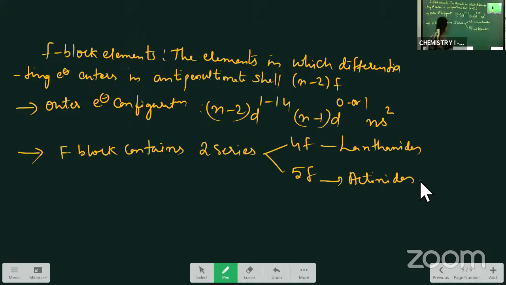Now, what is the position in the periodic table? They are placed at the bottom of the periodic table.